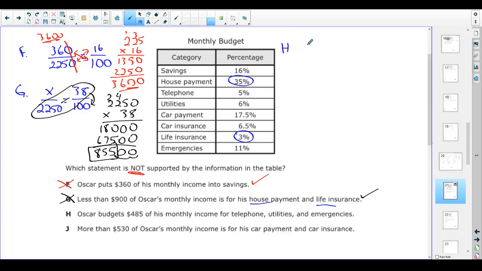So we can say for this one, 485 over 2250 equals, and it says, let's pick a different one: telephone, utilities, and emergencies. Telephone is 5, utilities is 6, and emergencies is 11. That is 22% over 100.